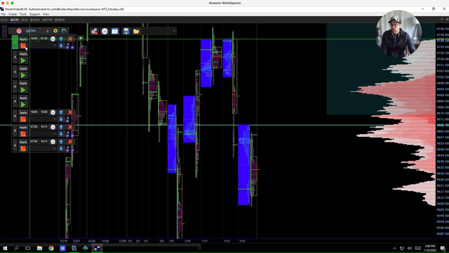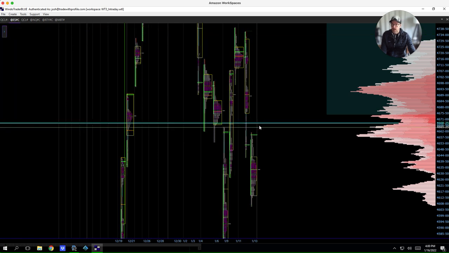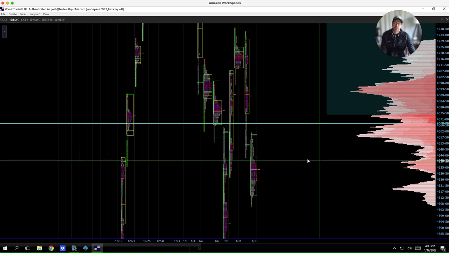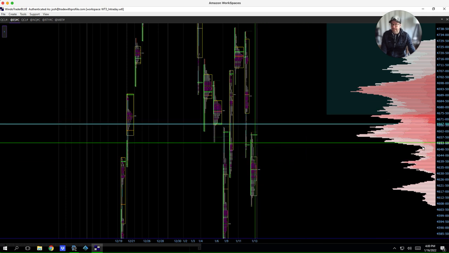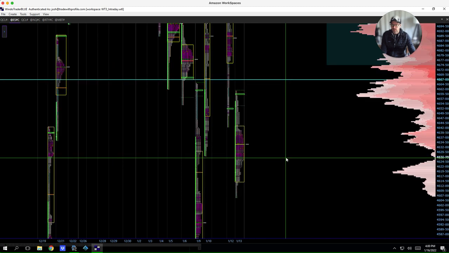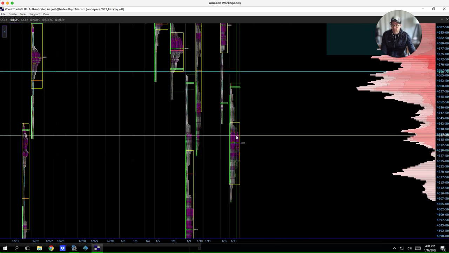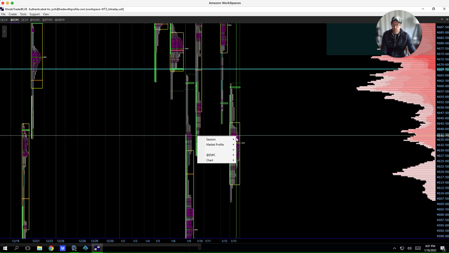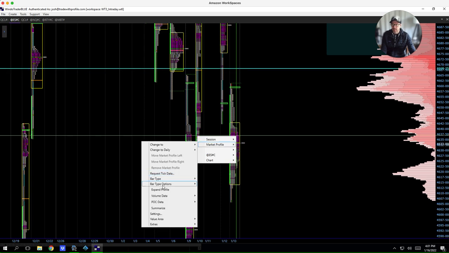I'm going to start by isolating the most simple thing of all, and that is a daily market profile graphic. Let's zoom in here and get a picture of what this is exactly and how you interpret it.